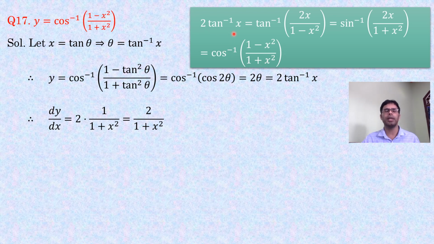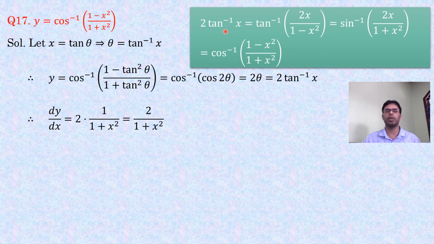So in your exam you may use the direct value of this is equal to this, because this formula is given in your chapter inverse trigonometric functions, at the very beginning of your book. These theorems or formulas will be discussed in detail in that chapter, but for this chapter we are just using the formula.